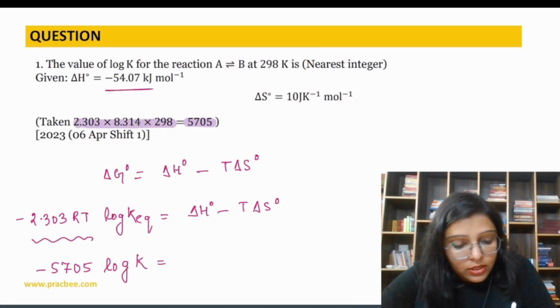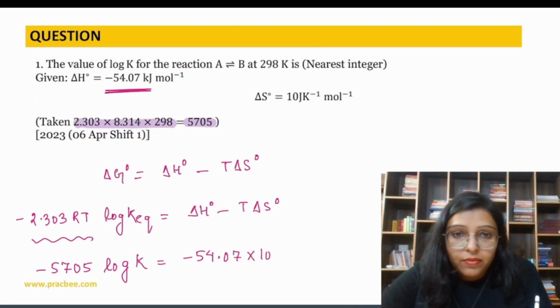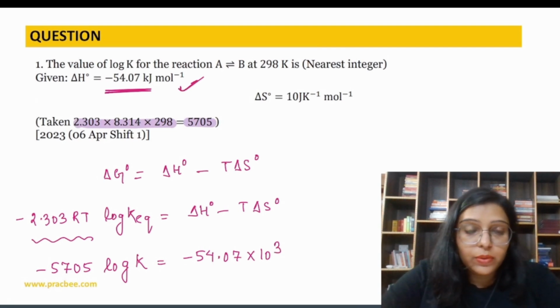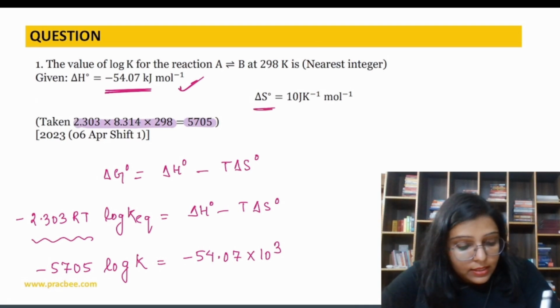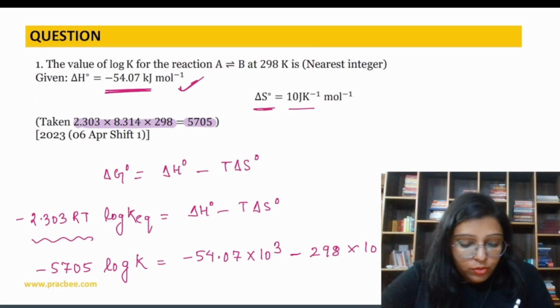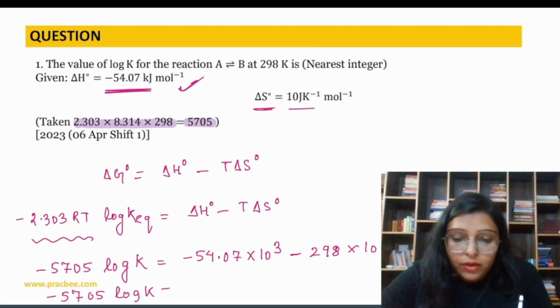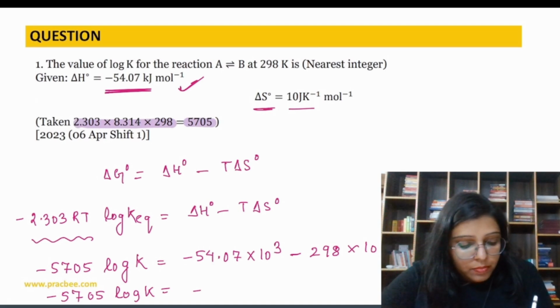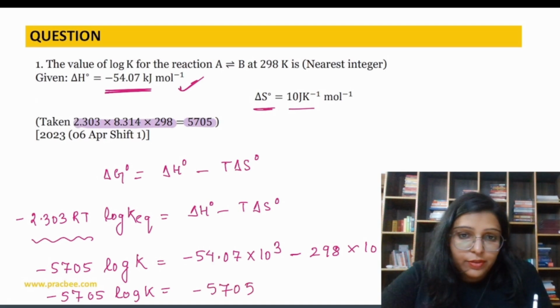Delta H naught is minus 54.07 into 10 to the power 3, because delta H is in kilojoule, so we have to convert this into joule. And delta S naught is 10 joule per Kelvin. So we can write minus 298 into 10. Okay, so when you solve this, you get 5705 log K equal to minus 57050.